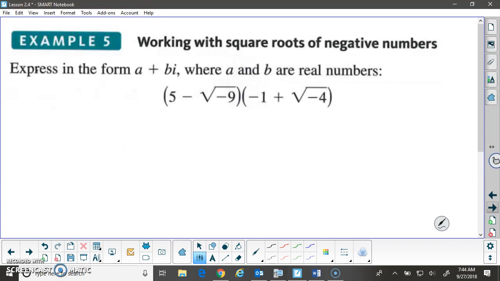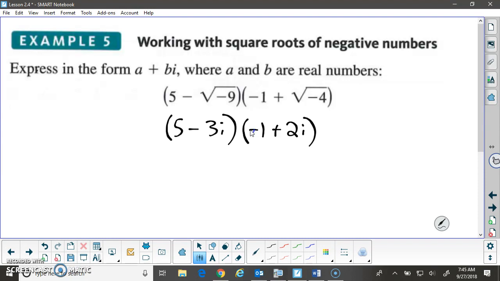So next, we're going to FOIL out two complex numbers here. Now, in case you don't remember, if we have the square root of negative 9, like you can see here, we can change that into a 3i. Because the square root of 9 is 3, and because there's a negative inside of the square root, it has an i attached to it. In the same way, we can change the second set to negative 1 plus 2i, because the square root of negative 4 is equivalent to 2i.